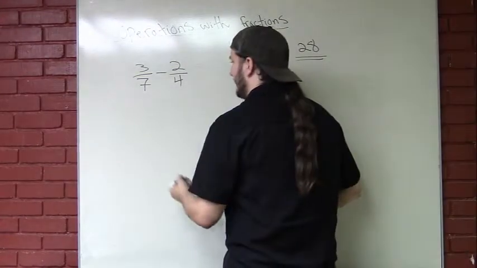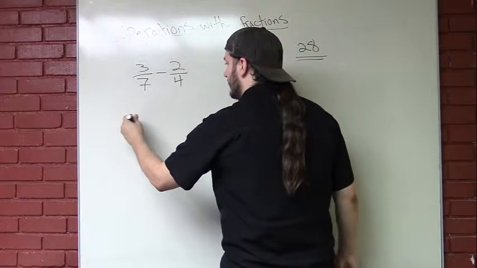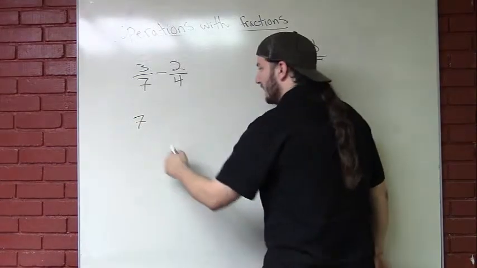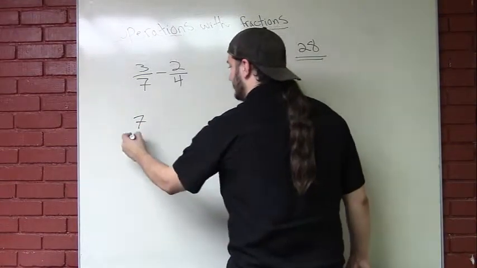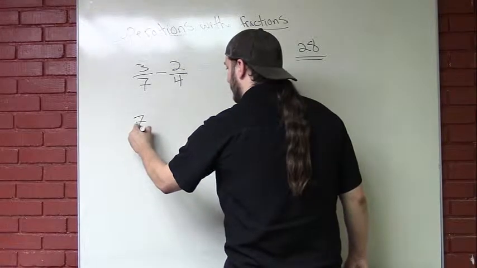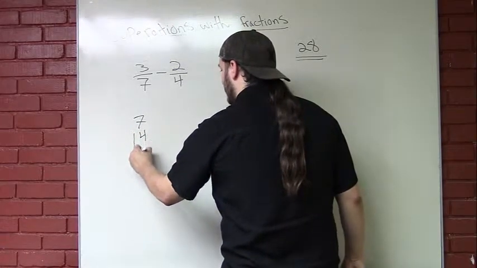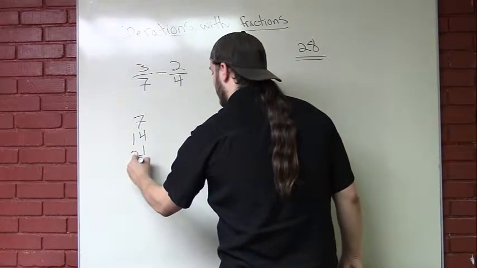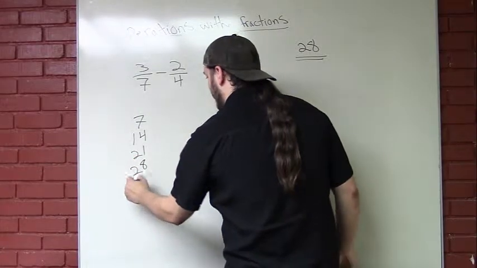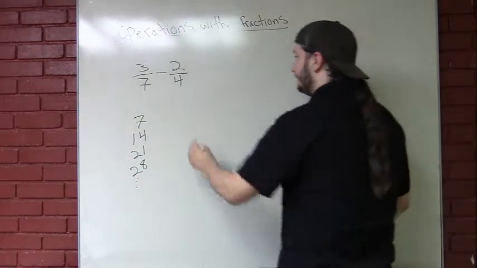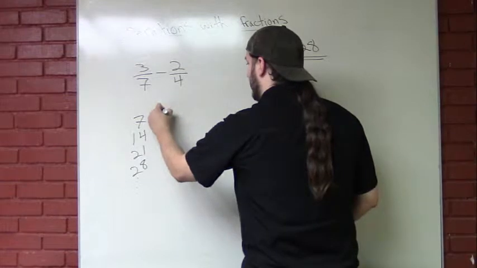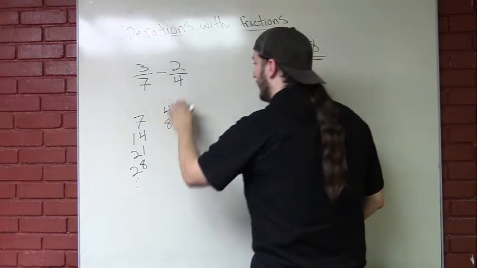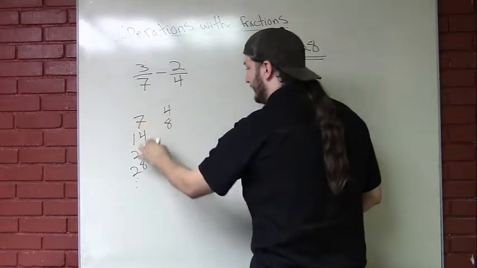Another way to think about this is you have 7. You should basically keep adding 7. So you have 7, 14, 21, 28, and they can keep going, okay? With 4, you got 4. We're just counting by 4s now. Here we counted by 7s.